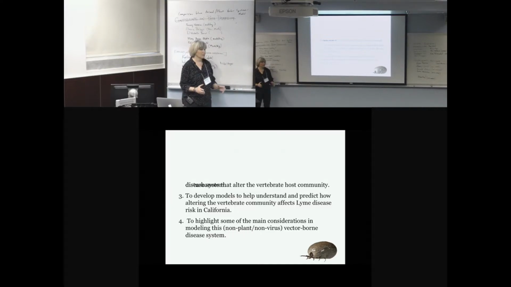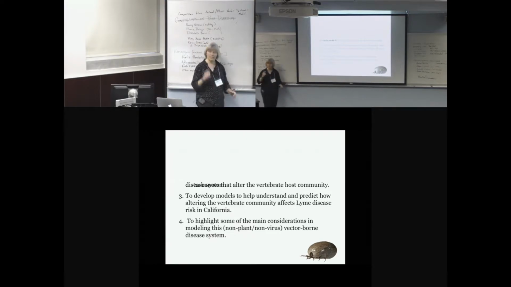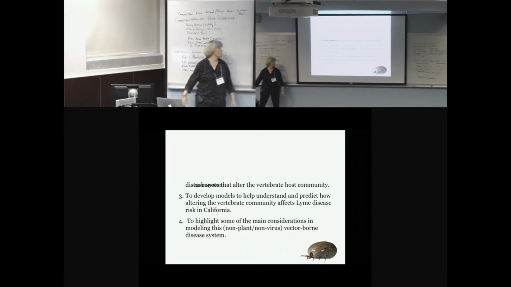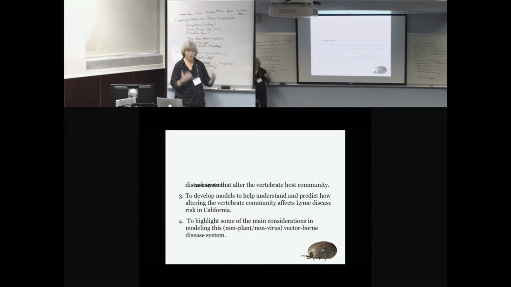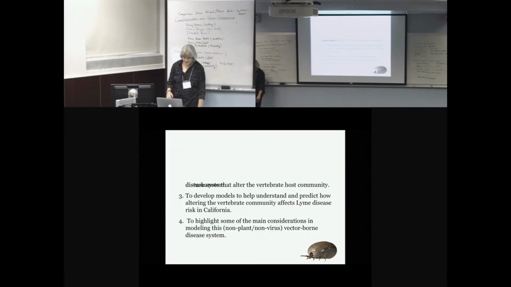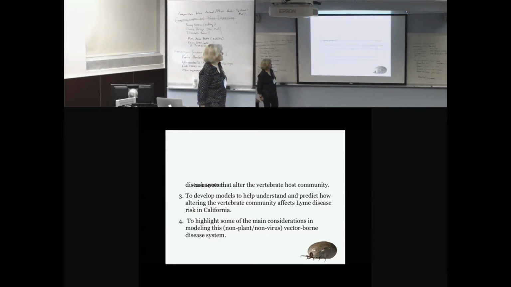In particular, we really started this project because sudden oak death, a plant disease, was killing off oak trees in the oak woodlands in Northern California, and we were wondering, okay, this change to the oak woodland composition is likely to have knock-on effects on the rest of the system, on the vertebrates, on the ticks, and that could actually be affecting another disease in humans, so Lyme disease. I'm not going to talk too much about that part of the project, but we also went in and were a disturbance ourselves by altering the host community and looked at the response to that.